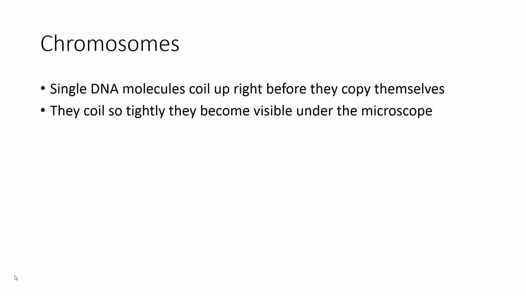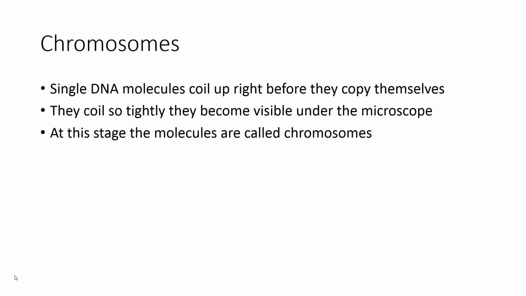And they coil up so tightly that they actually become visible under a microscope, even under a high school microscope. At this stage, we call these chromosomes. So a chromosome is a single strand of DNA that has coiled up tightly on top of itself, becoming visible under a microscope.